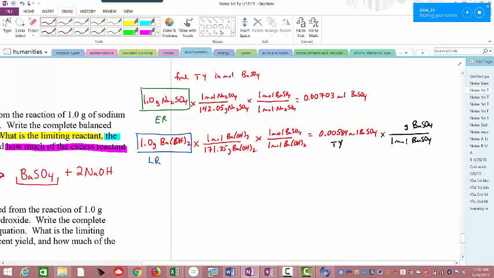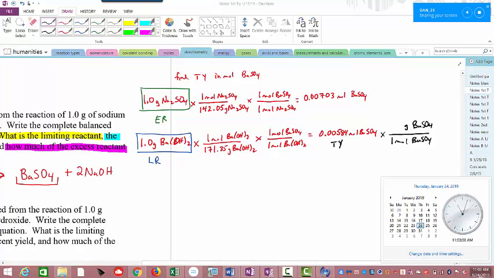So what is the molar mass of barium sulfate? You didn't have it on your paper? 233.4. There you go.